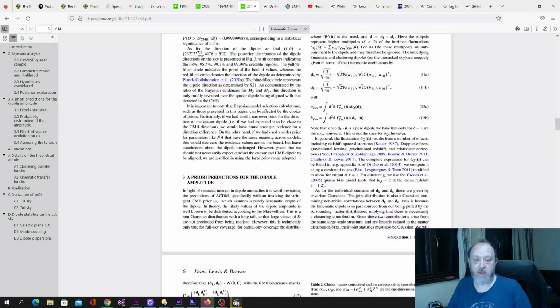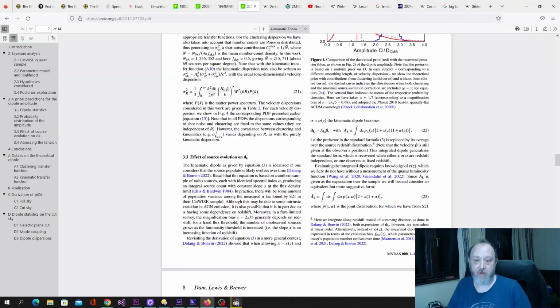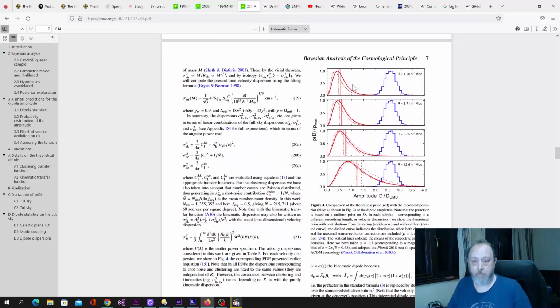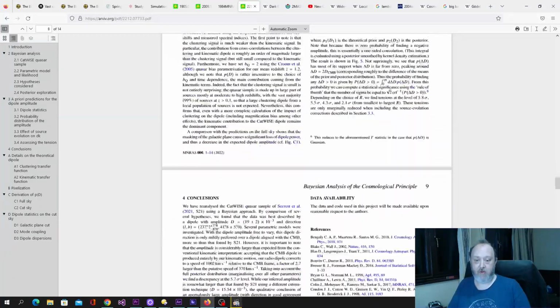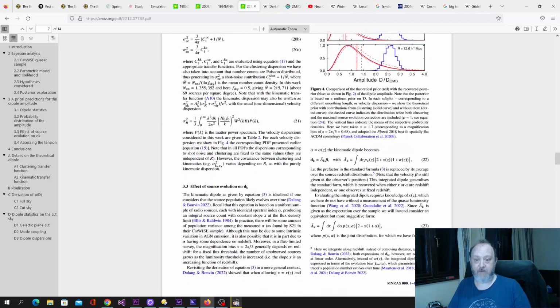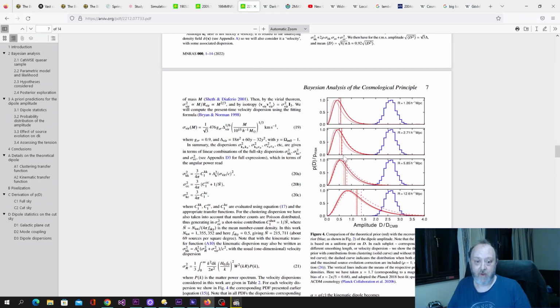So if we look at the distribution for what they're actually seeing versus what various models are producing, or different variations of the kinematic interpretation model of the CMB dipole.